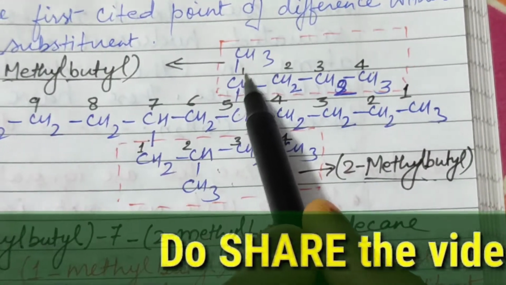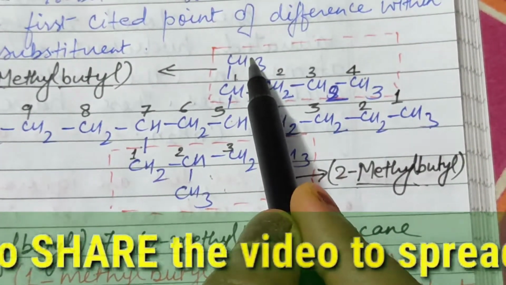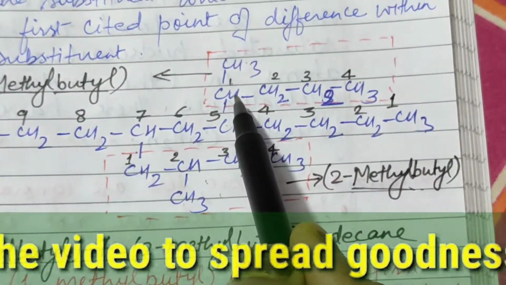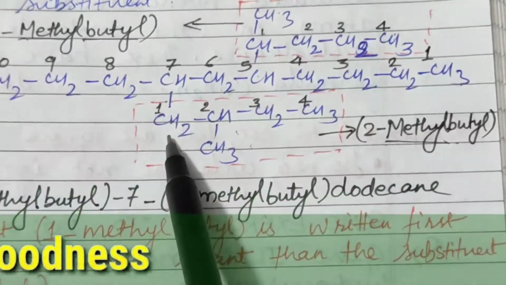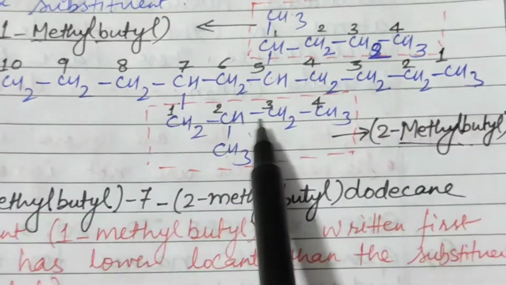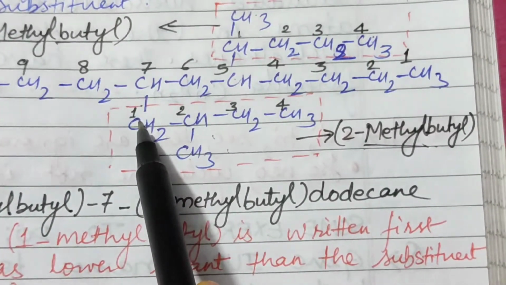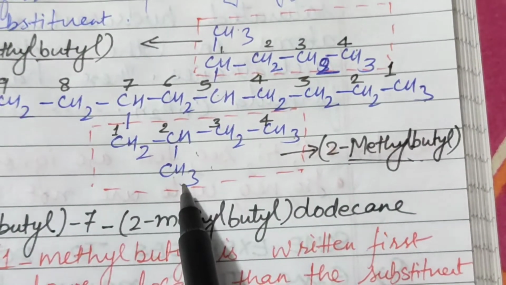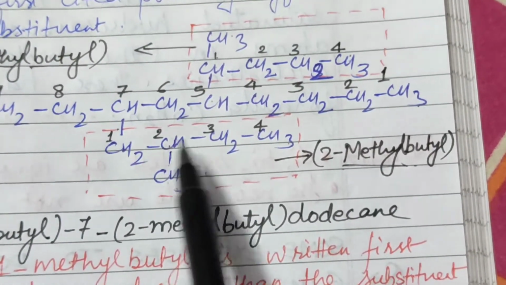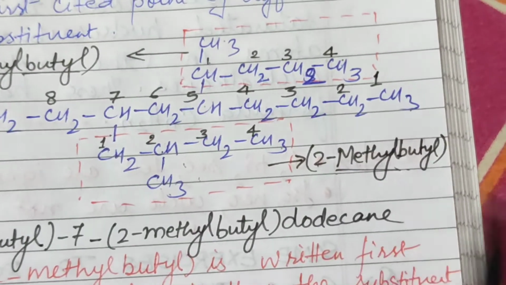So the naming will be 1-methyl butyl. While butyl, because 4 carbon atoms are there in the branch chain. Similarly here also, children, when you will do the numbering, it will be 1, 2, 3, 4. So here in this case the methyl group is attached at 2nd position. So its name is 2-methyl butyl.